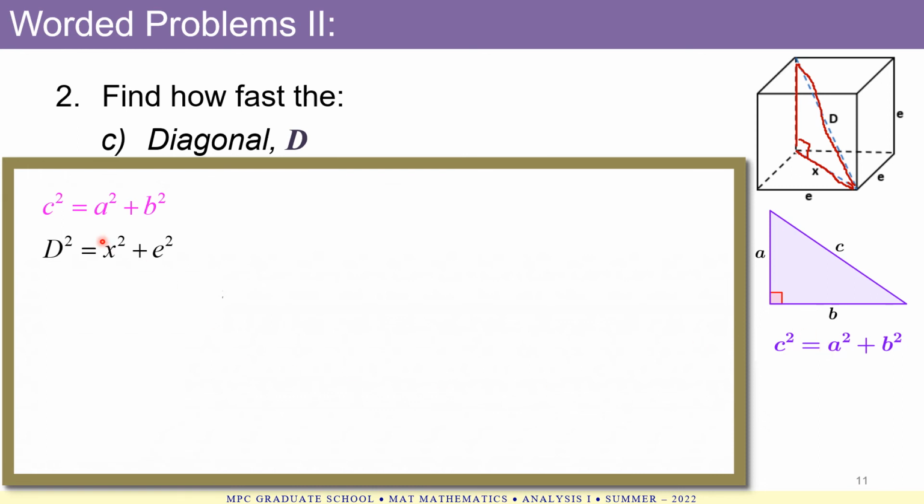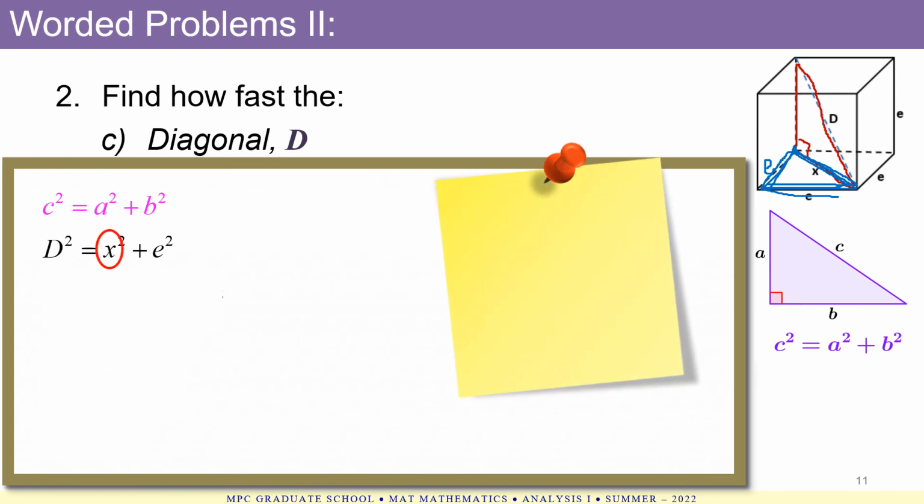Now this x here also forms a right triangle together with the edges. It's e. So again, we can use the Pythagorean theorem to represent x in terms of e.